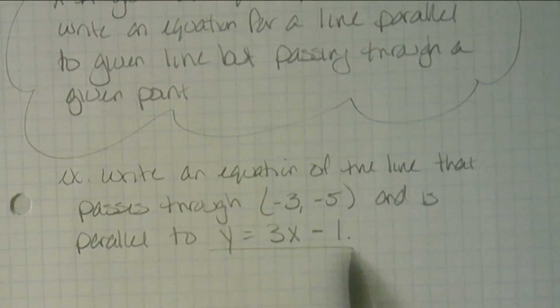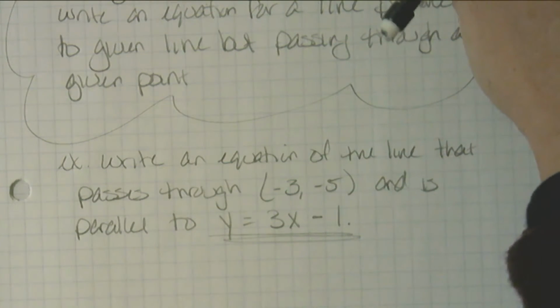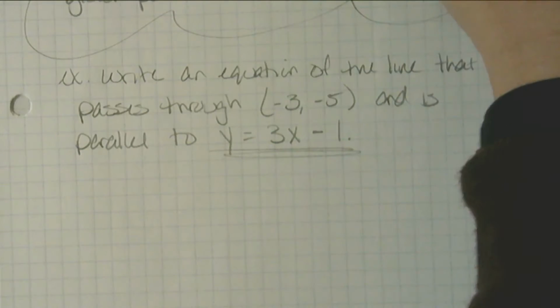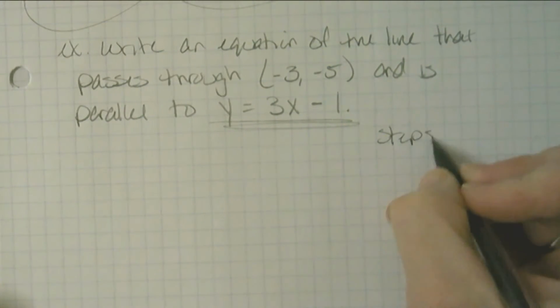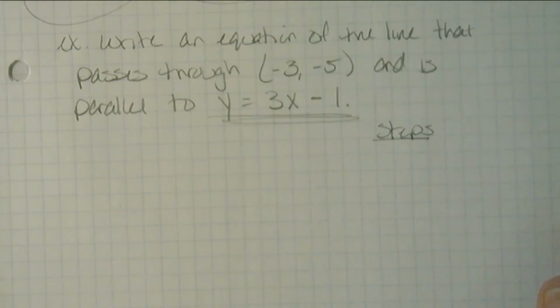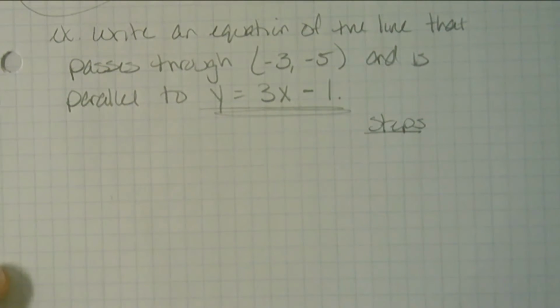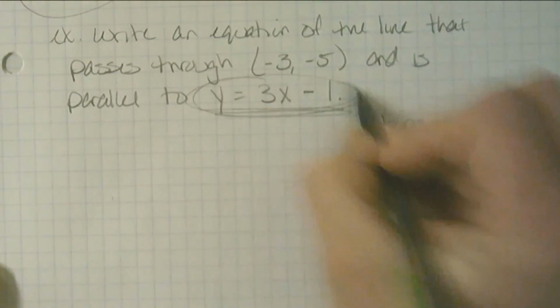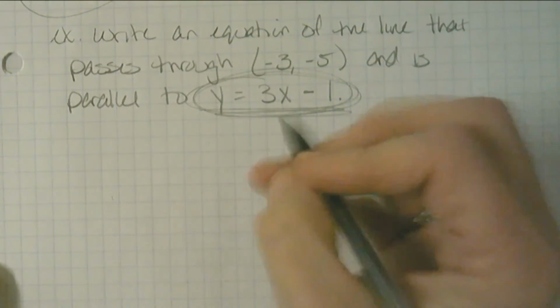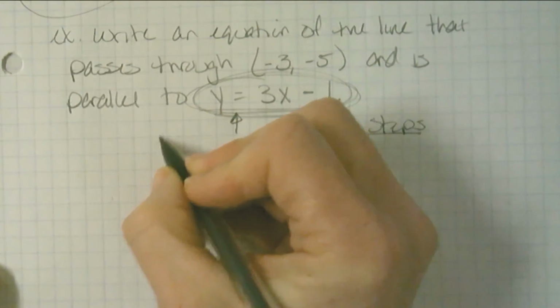So, slope-intercept form. I'm going to do some steps over here to the right, and we're going to do our problem over here to the left. To write an equation in slope-intercept form, so our new equation is also going to be in slope-intercept form.